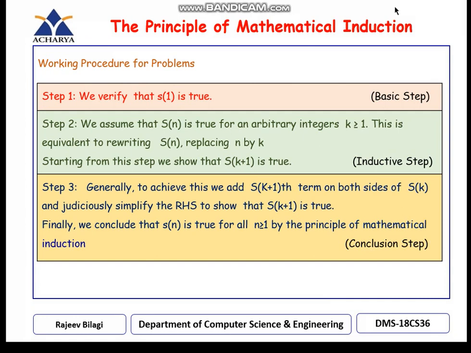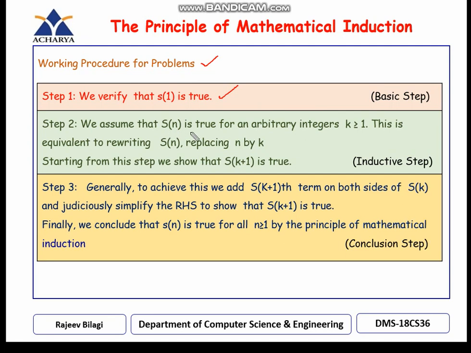In a more elaborate way, I can call it the working procedure for the different problems. What is that? As I told in the previous slide, we will verify that S of 1 is true, which is called the basic step.